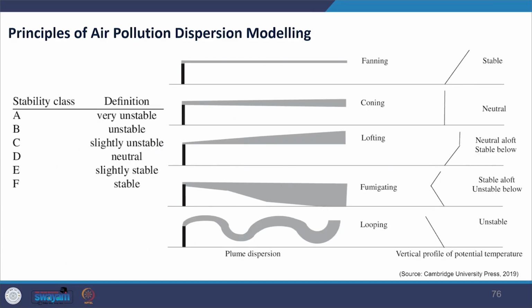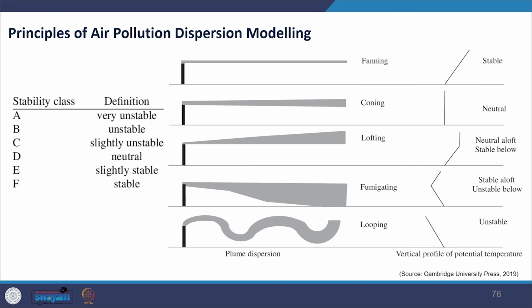The stability categories range from class A, which is a very unstable condition, which usually occurs during hot sunny conditions with light wind, through to classes like F and G, which indicate very stable conditions.